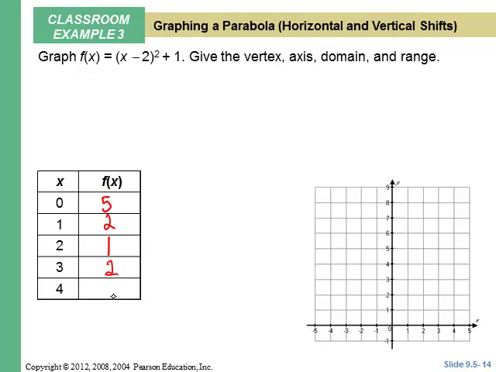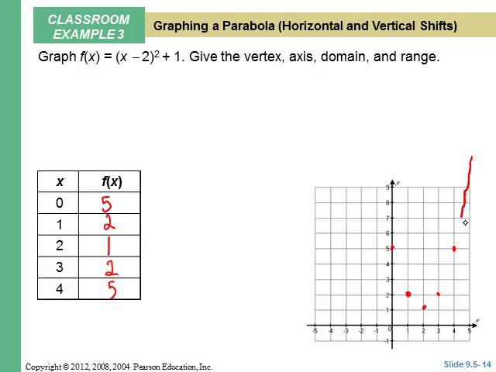And 4 minus 2 is 2, squared is 4, plus 1 is 5. So over 0, up 5, over 1, up 2, over 2, up 1, over 3, up 2, over 4, up 5.